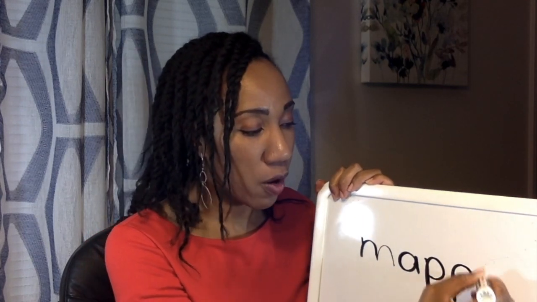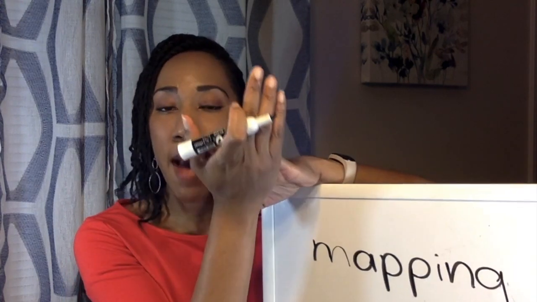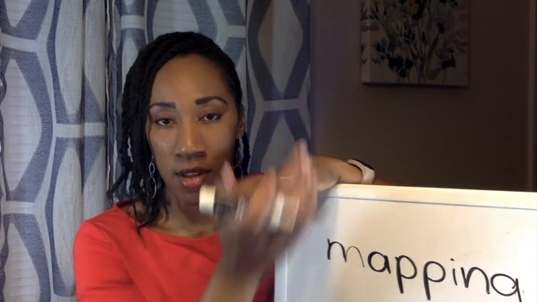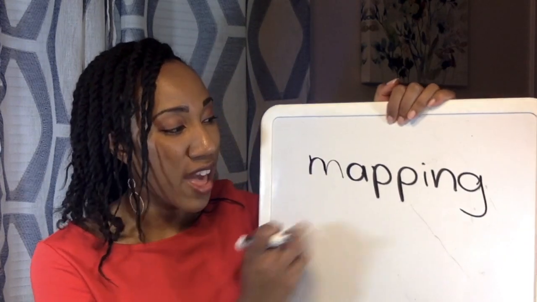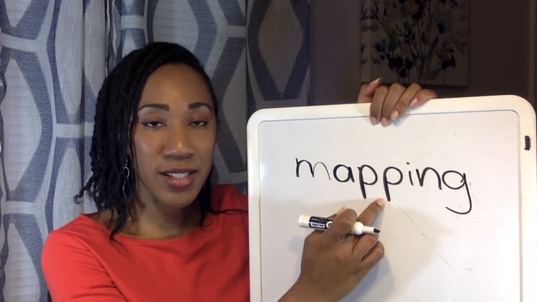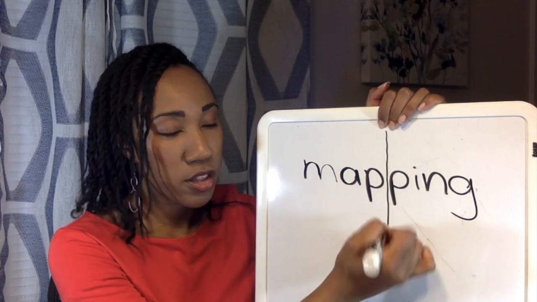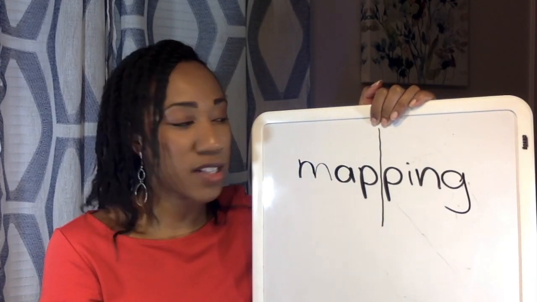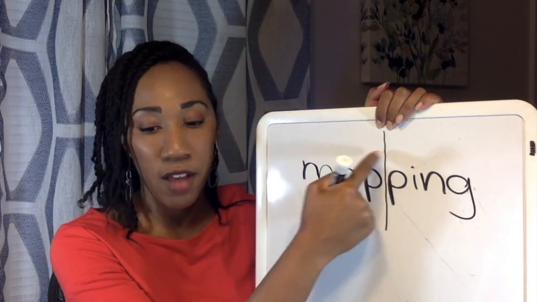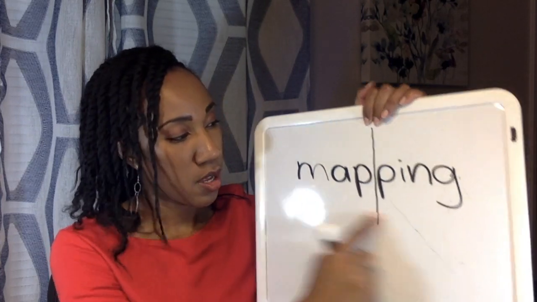Let's clap the word mapping. And I hope you guys are reading these along with me. Mapping, okay? When we have a word that has double consonants, we're going to break it in between the two double consonants, okay? It's not after the second P. It's in the middle of the two double consonants.